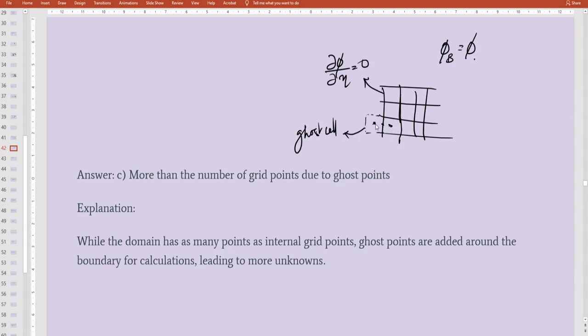To establish such a condition, we require one virtual cell. Such a cell is called a ghost cell.